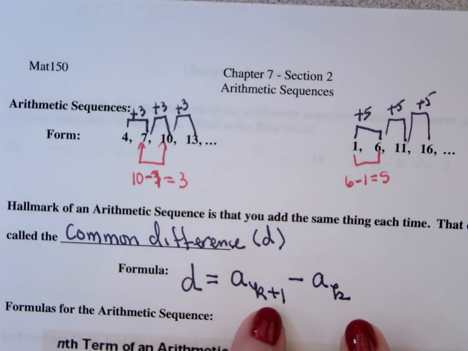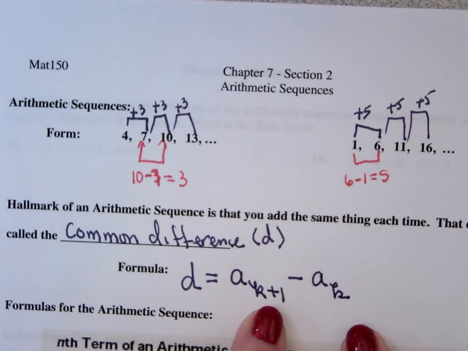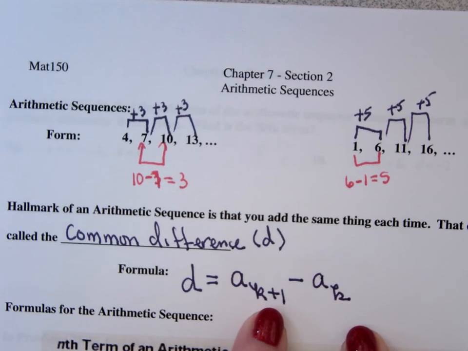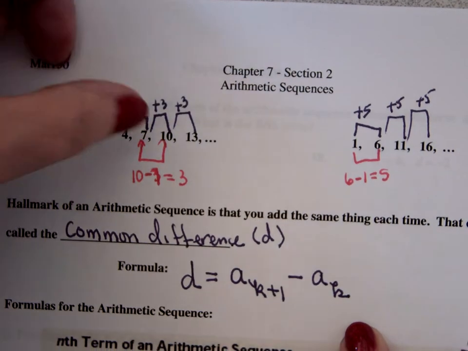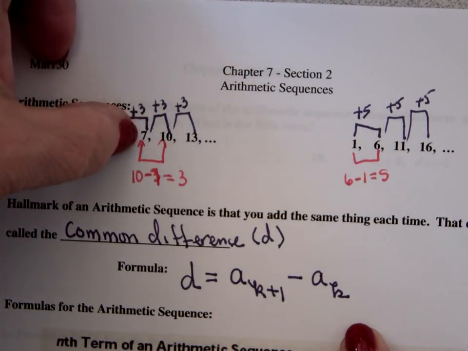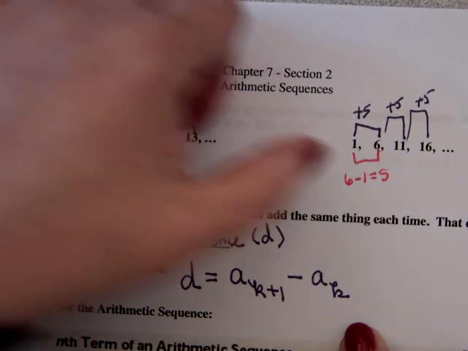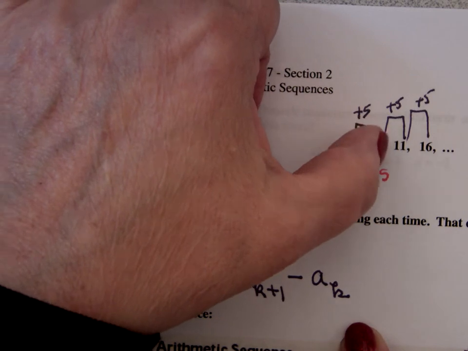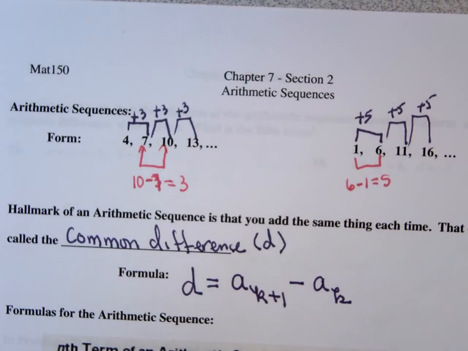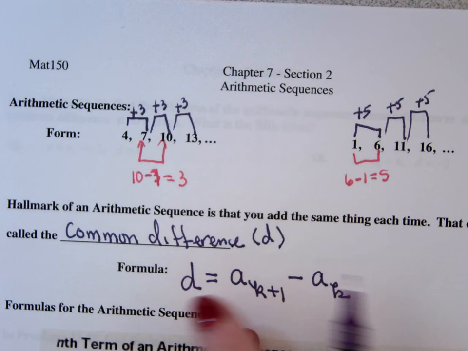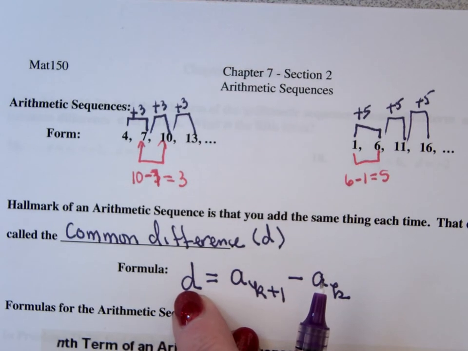A sub k plus 1 comes after A sub k. So in this particular instance, I subtracted A2 from A3. Here I subtracted A1 from A2. And then I would get essentially how I got there.